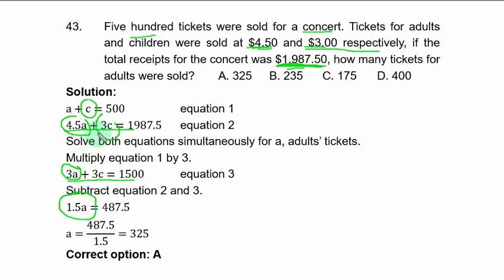If you subtract, 3C and 3C disappear, and you have 487.5. To get A, divide both sides by 1.5 and A is equal to 325. So the adult tickets were 325. A is the correct option.